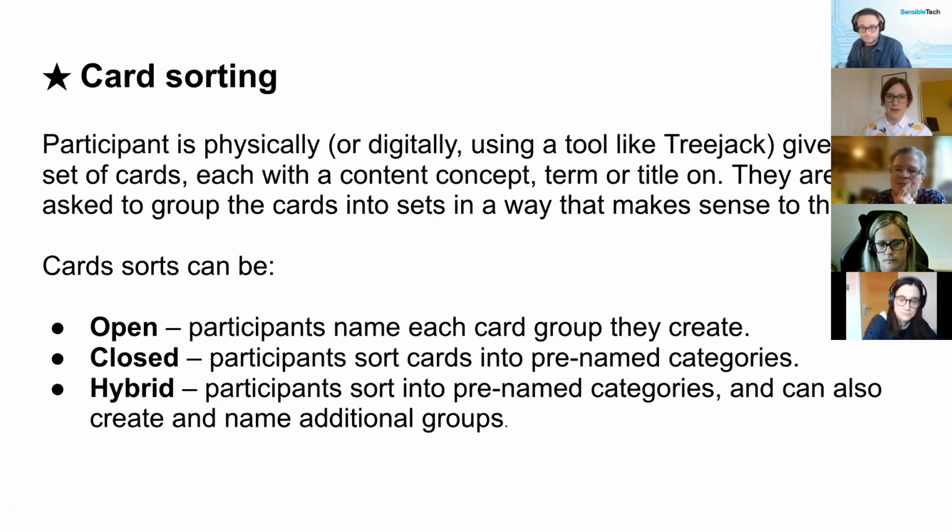So it's just a way of getting to know people's mental grouping of things. And you can do it so that people can come up with their own names as well with that one, or you can just limit it to the ones you've already come up with.